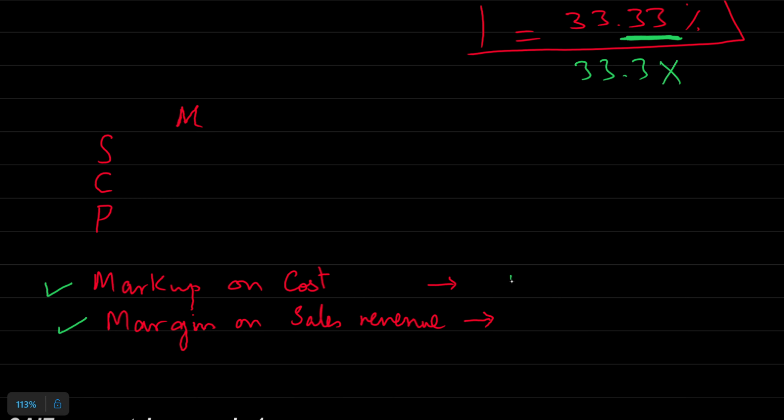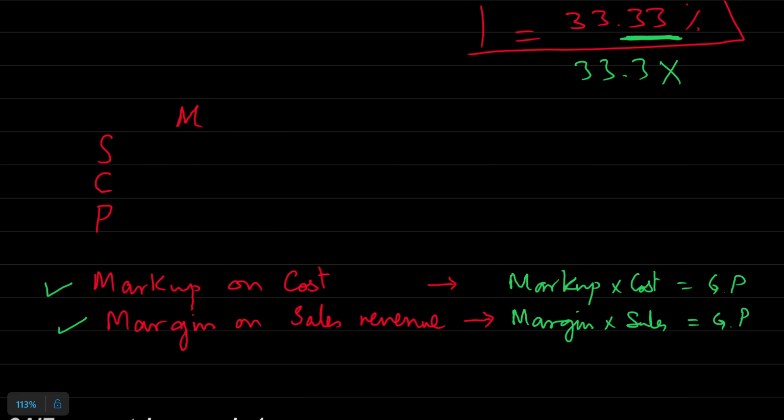So we can say markup into cost will be equal to gross profit, and margin into sales will be equal to gross profit.